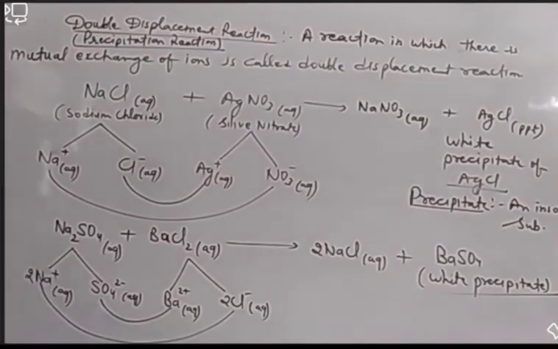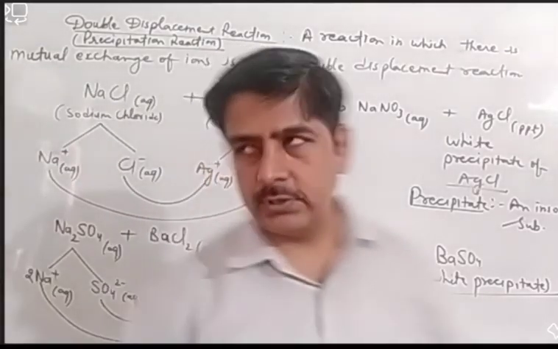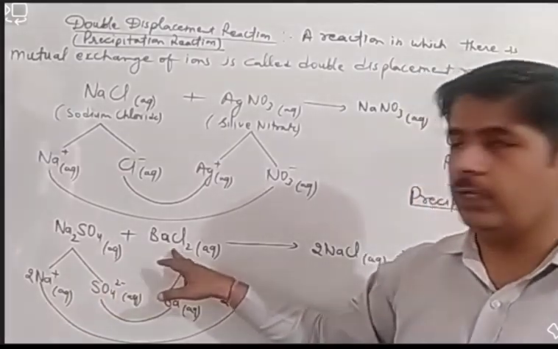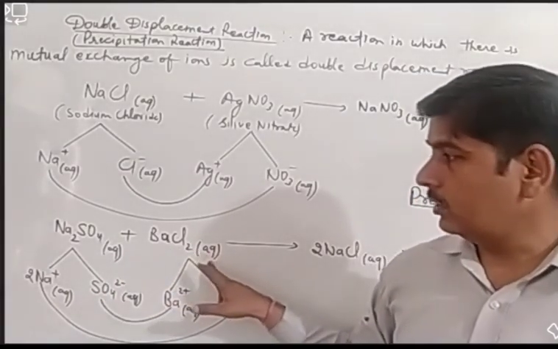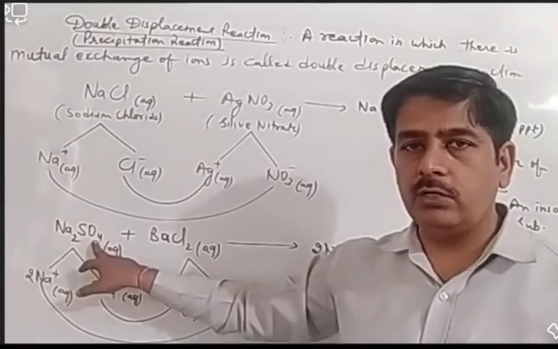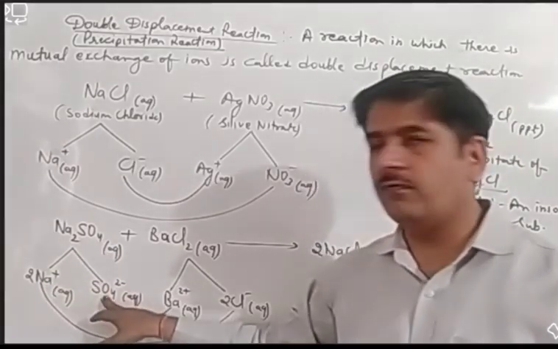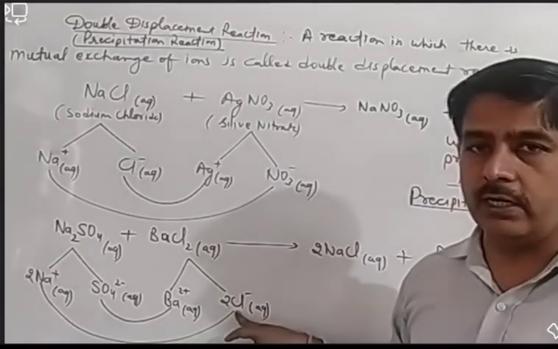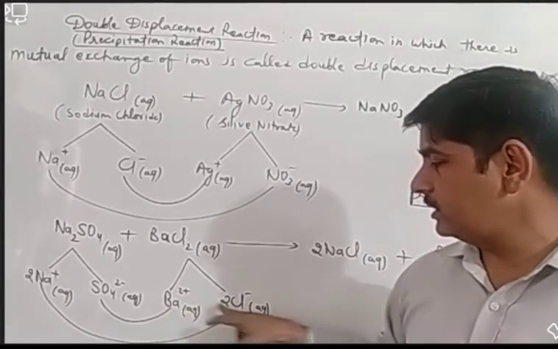Okay, let's see. As I explained, when there is a mutual exchange of two or more ions, it is an example of a double displacement reaction. Here we have two substances: sodium sulfate aqueous solution and barium chloride aqueous solution. When sodium sulfate dissociates into ions, it forms sodium and sulfate. Barium chloride forms Ba2+ ion and Cl- ion.